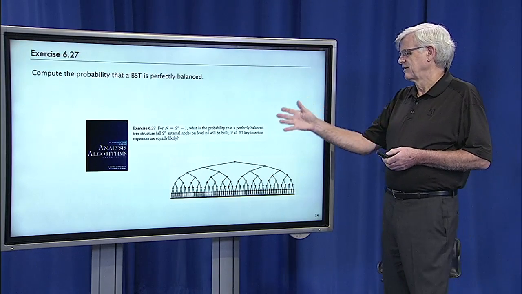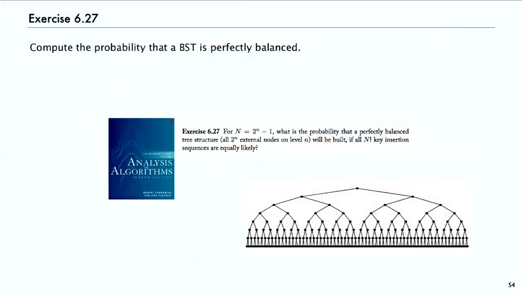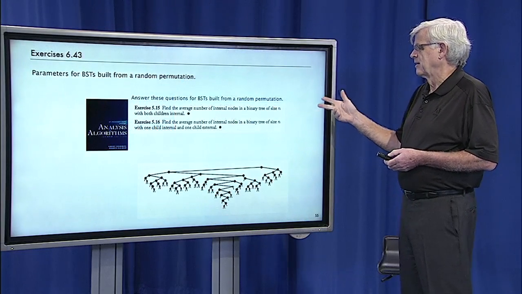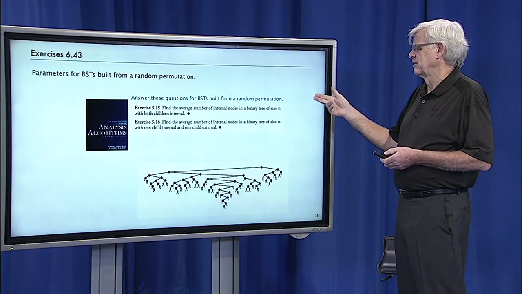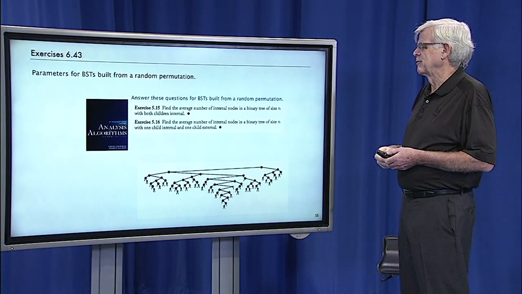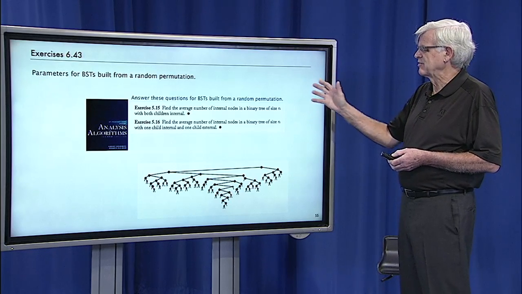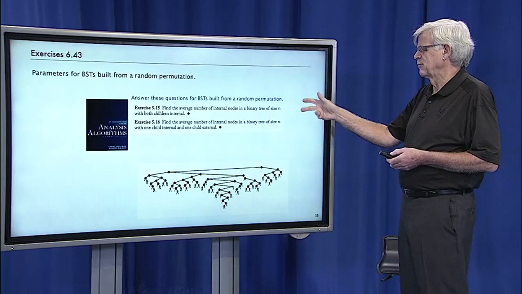This is just a computation based on our observation about permutations in binary search trees. What's the chance that you get a perfectly balanced binary tree? And that's just a fun computation. And then this is the same kind of idea. We did parameters from trees before. This is parameters from BSTs built from a random permutation.